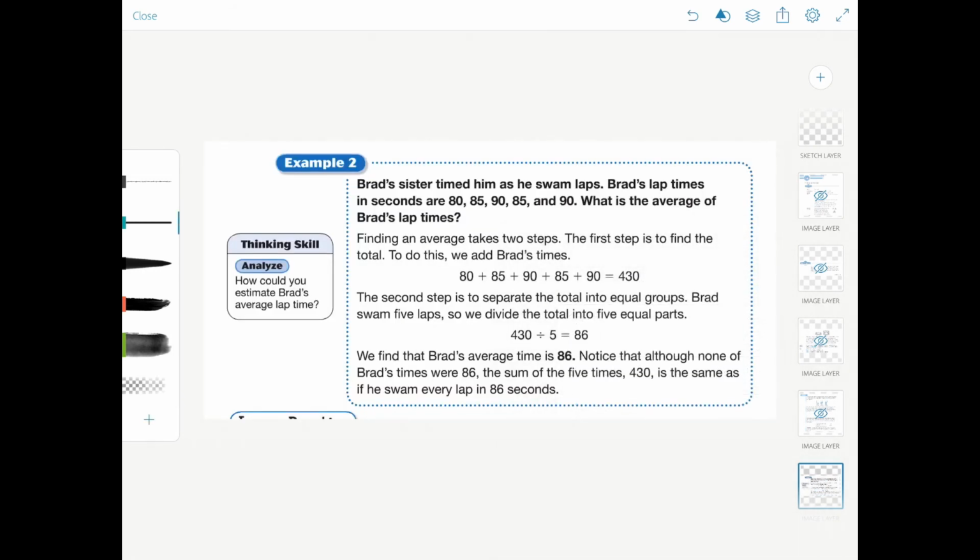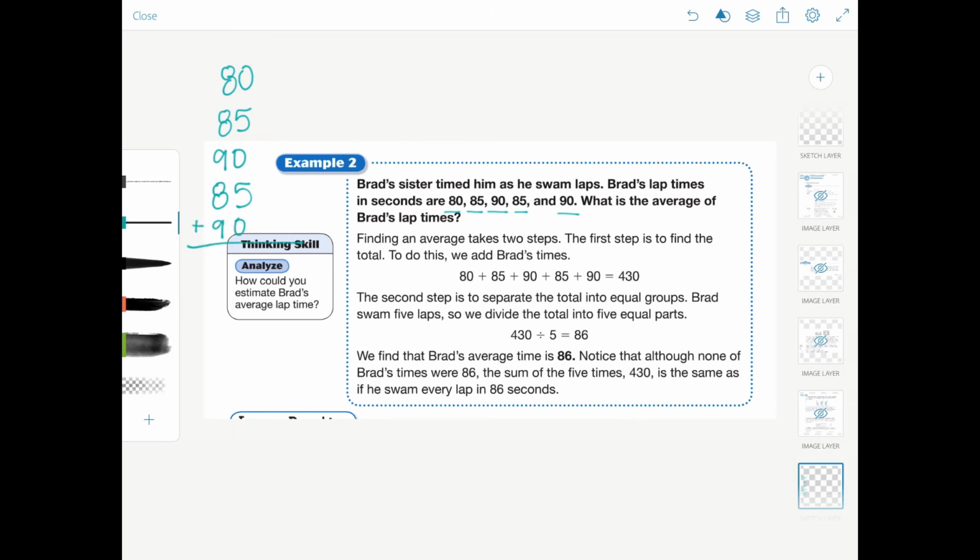Brad's sister timed him as he swam laps. Brad's laps in seconds were 80, 85, 90, 85, and 90. What's the average of Brad's lap times? So we have to add up all these numbers first. 80, 85, 90, 85, and 90.